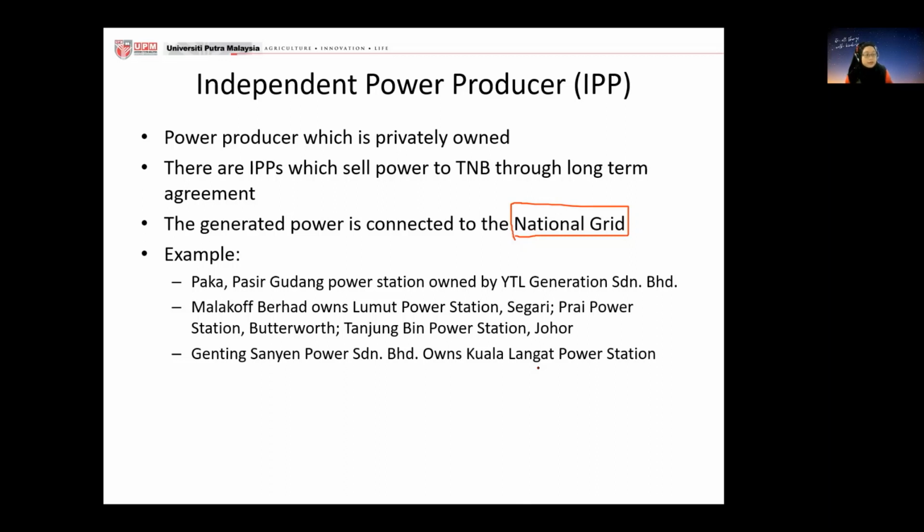So remember, TNB is not the only player in the power industry, especially in generation. Of course, the transmission and distribution infrastructure is developed by TNB, but otherwise, where the money is, is in generation, and there are other power producers at play.